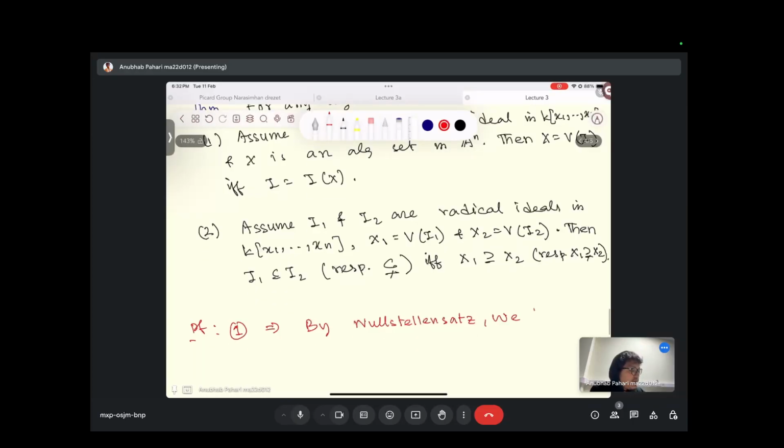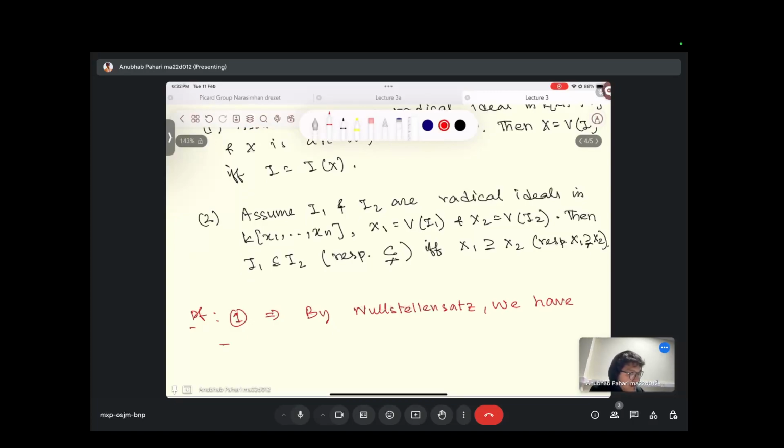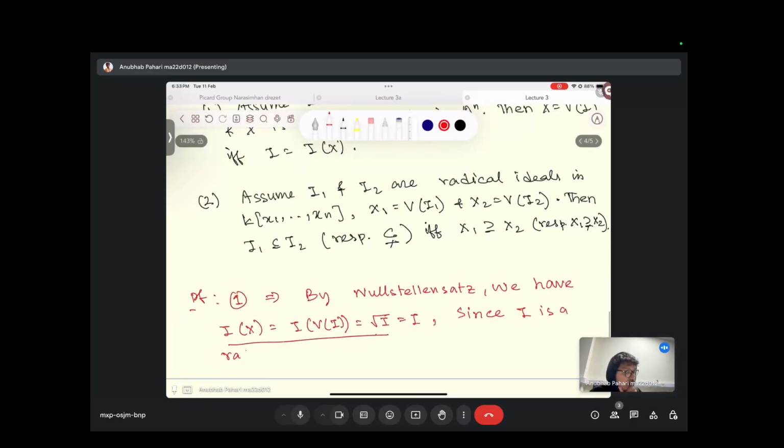We have I(X) is equal to I(V(I)), equal to root of I, equal to I. Since I is a radical ideal, that is why we put root I equals to I, and this thing we are getting from Nullstellensatz. So I is a radical ideal.